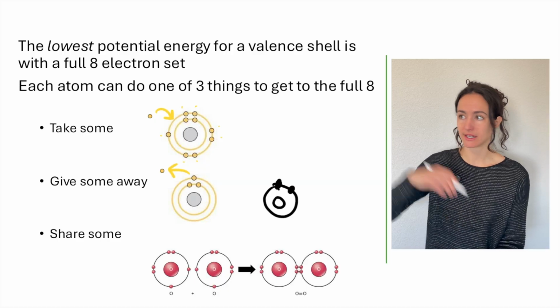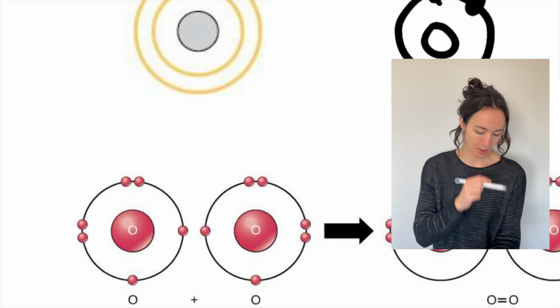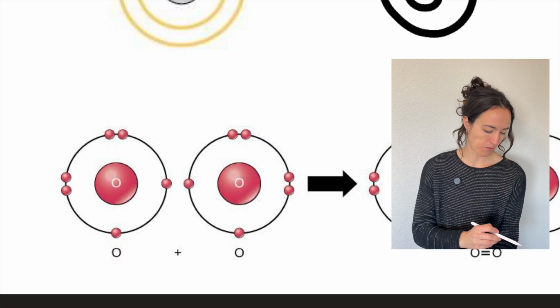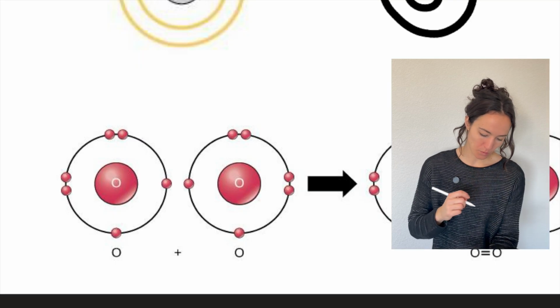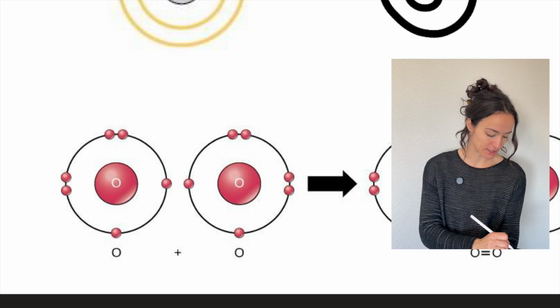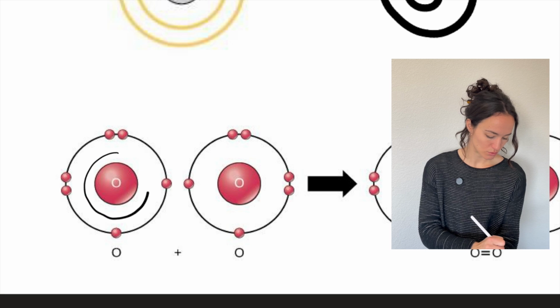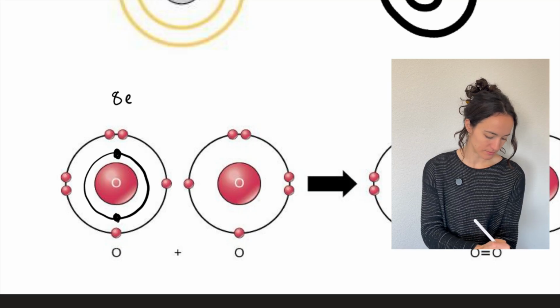Another strategy besides giving away and taking is to share. So here we're seeing 2 oxygen atoms. And we're only looking at that outer shell, by the way. So oxygen has 1, 2, 3, 4, 5, 6, 7, 8 electrons total.